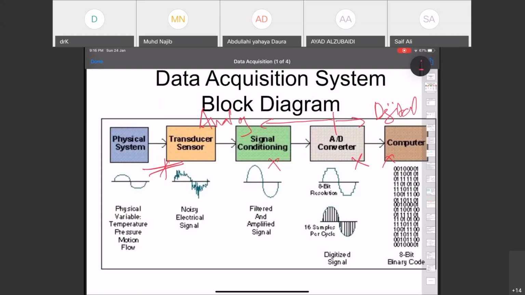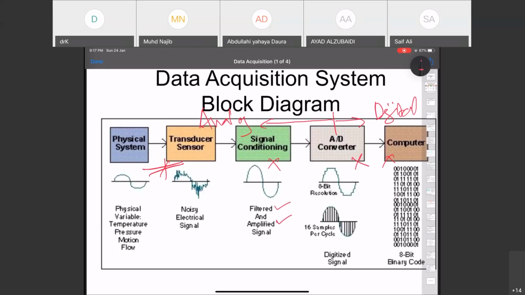You may have a physical system, and transducers and sensors are the elements that gather the data, sensing the data environment. We have this from lecture 8 to 12, I think. We have capacitive, inductive, accelerometer, and many others. Then the signal conditioning part, where signals are matched, converted and so on.